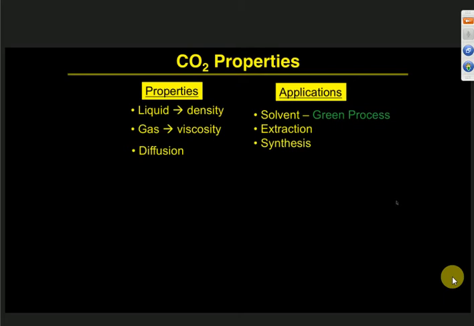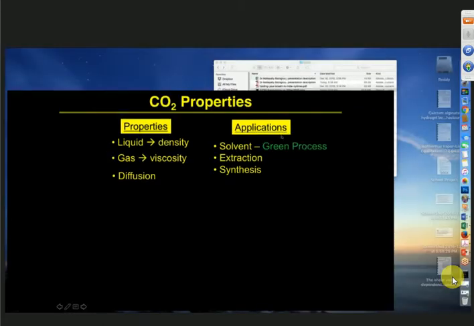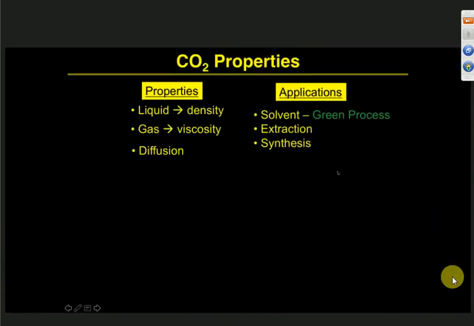So for pharmaceutical applications, due to the stringent government regulations, using this kind of solvent really benefits the processing. Then CO2 is mainly used as an extraction solvent, and the main application that was developed in the early 1980s is decaffeination of coffee beans.